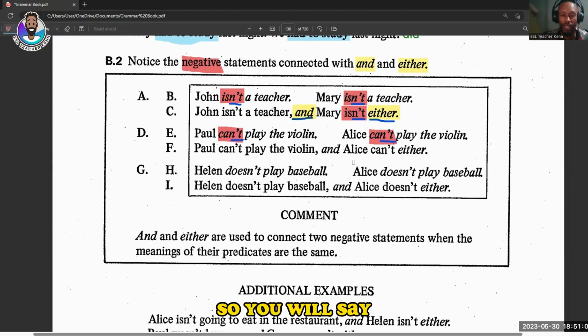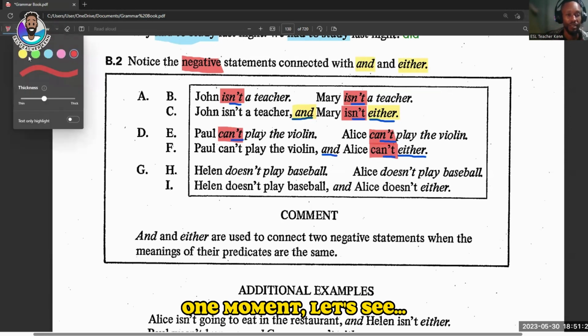So you will say, Paul can't play the violin and Alice can't either, okay? And Alice can't either.